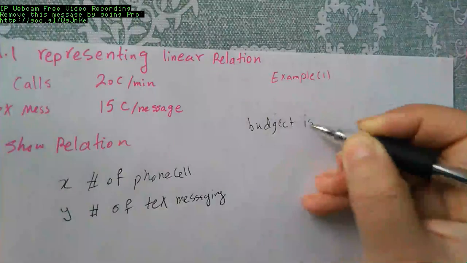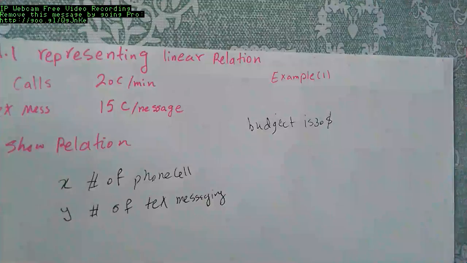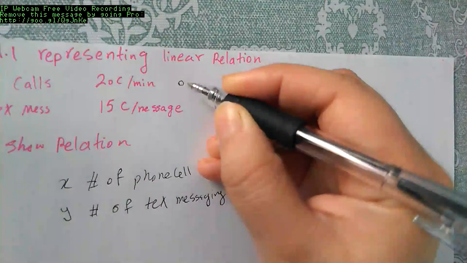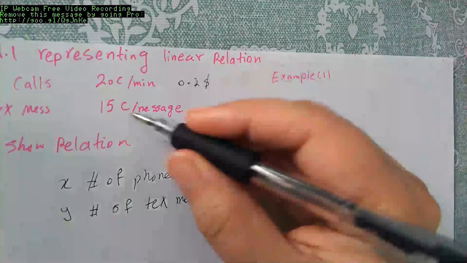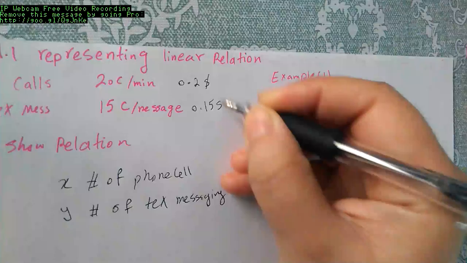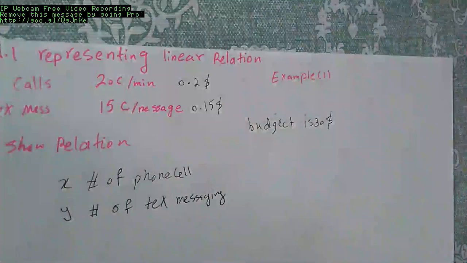The budget is $30. That means you just have $30, but you want to find a relationship between x and y. So 20 cents is $0.20 and 15 cents is $0.15. I want to convert it to that.